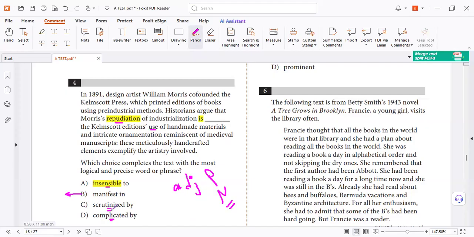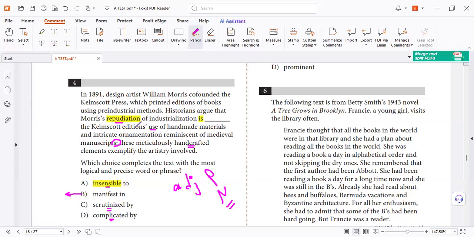So if you don't find the correct, prove the wrong. Repudiation is, and use the calling to help you. Look, these meticulously handcraft elements, handcraft. That means he refused. So repudiation means to refuse something.